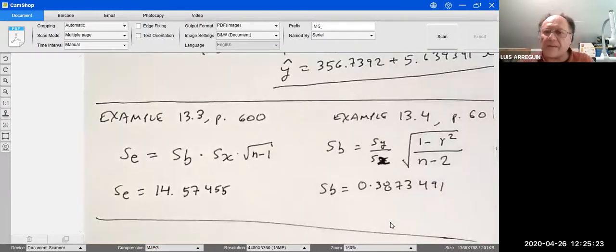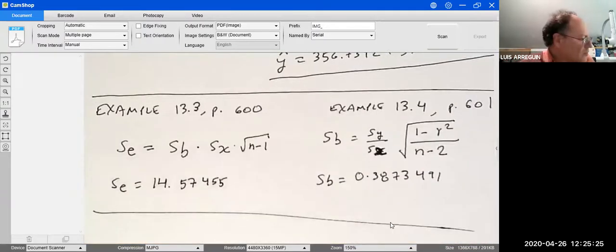So I'm showing you this just for you to be sure that we are getting the same answers, even though we're using formulas that are slightly different. I just modified the formulas for you to be able to use R in a very simple way.